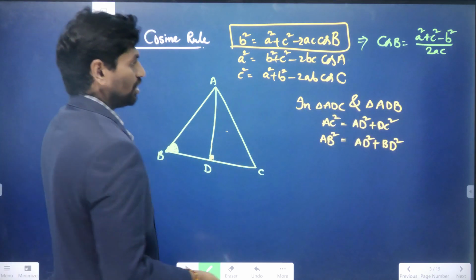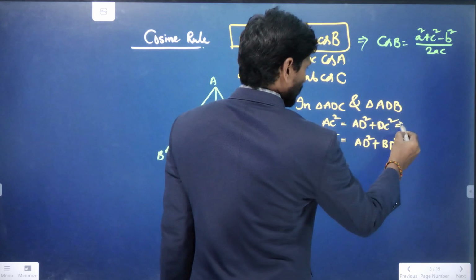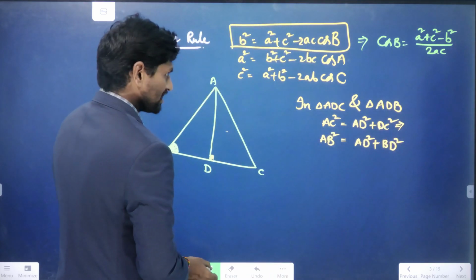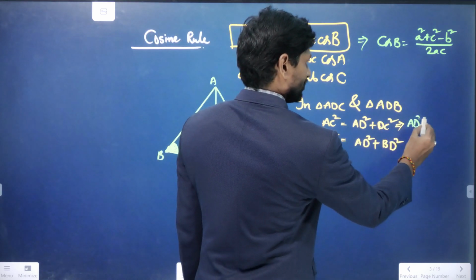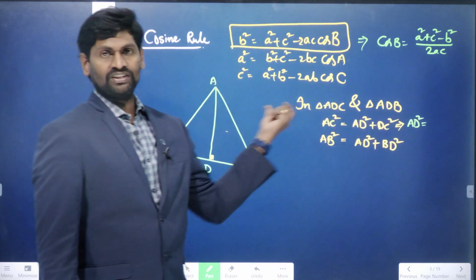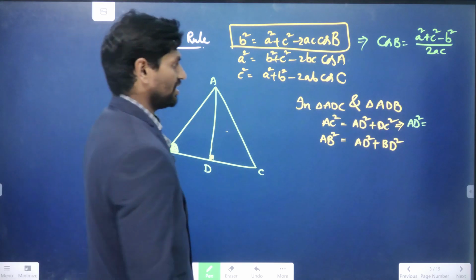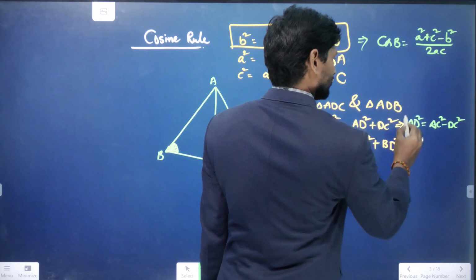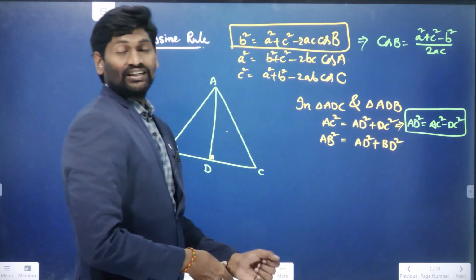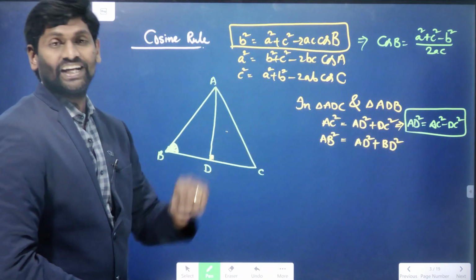Okay. Now from the first condition, I can write AD square equals AC square plus... DC square, bring this side, it will be minus DC square. So we can write AC square minus DC square. That should be substituted in the second equation.